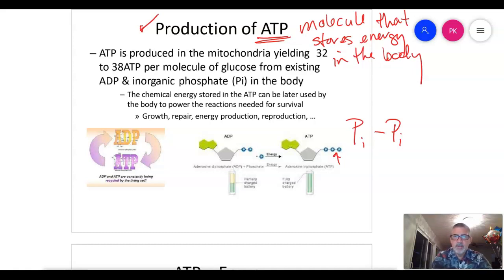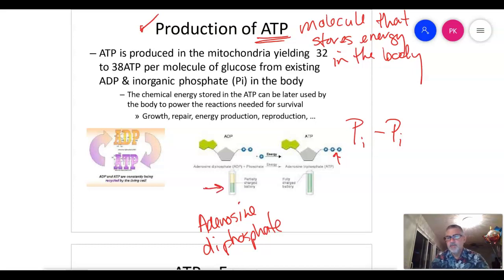So if I have ADP, that's adenosine. That's what the A stands for. This is diphosphate. If you visualize it like a battery, I still have a bond I can use, so I still have a little energy in that battery.